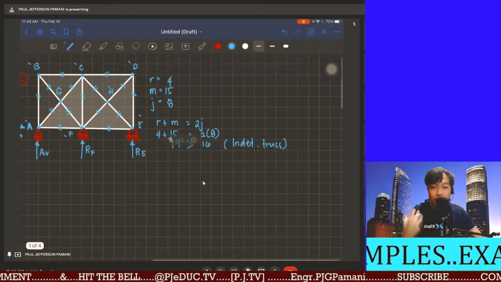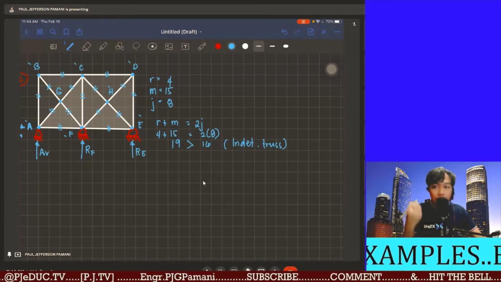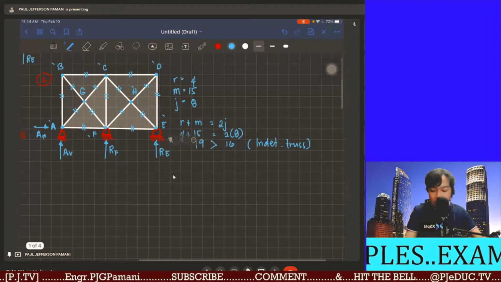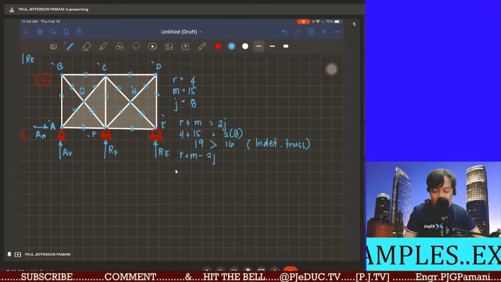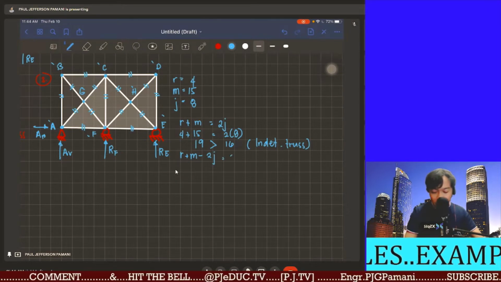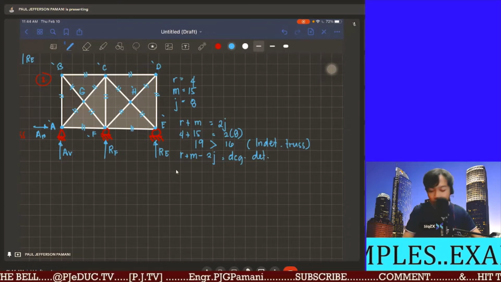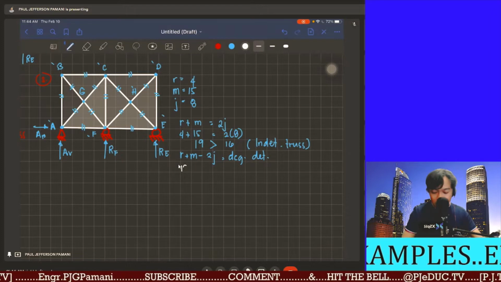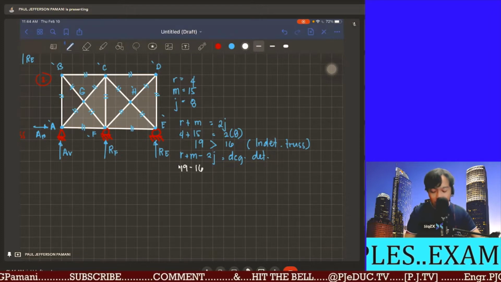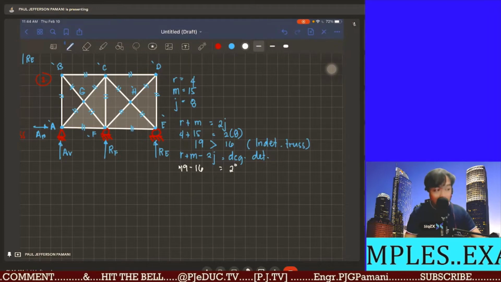So how do we identify now if the question is the degree of indeterminacy of the given truss system? Basically, that is R plus M minus 2J equal to the degree of determinacy. Okay? So R plus M is basically 19 minus 2J of 16 gives us positive 2 degree.